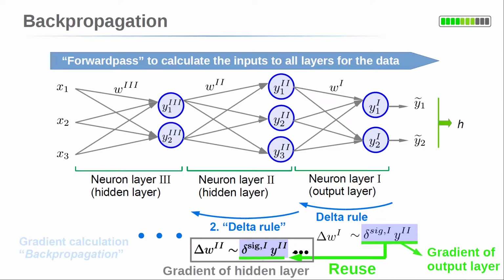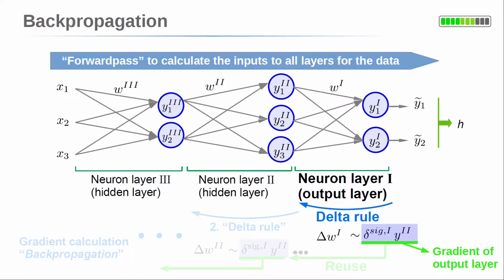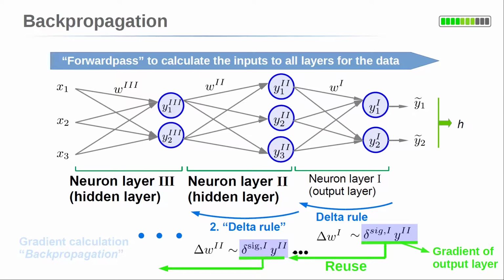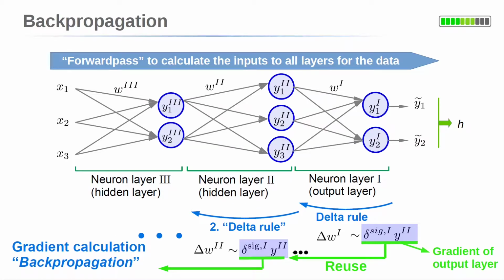Similarly, we can calculate the gradient components of the next hidden layer. This successive procedure of calculating the derivatives layer by layer, starting from the output layer, and reusing the preceding derivative calculations give the algorithm its name: backpropagation.